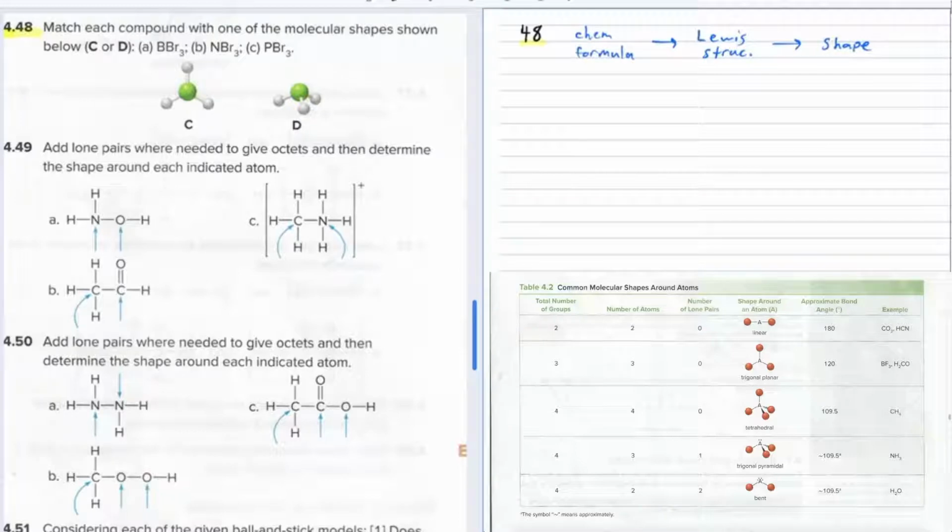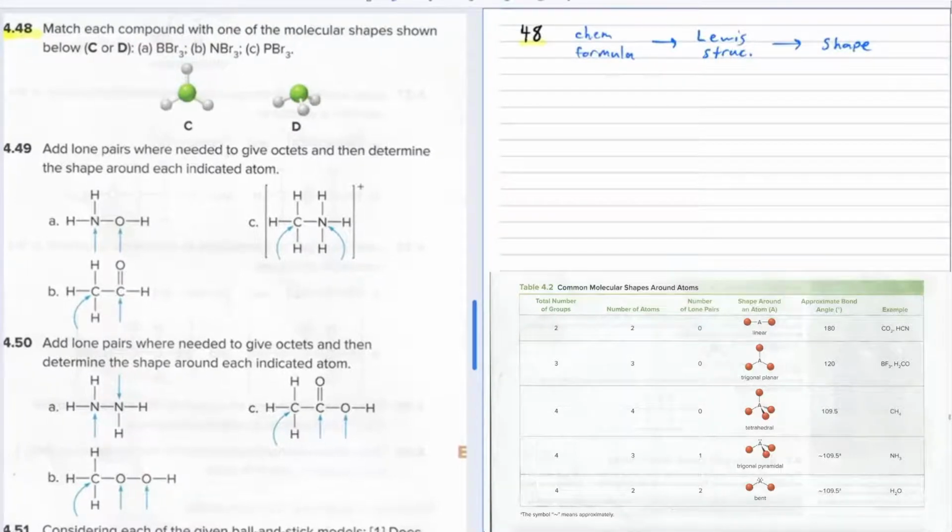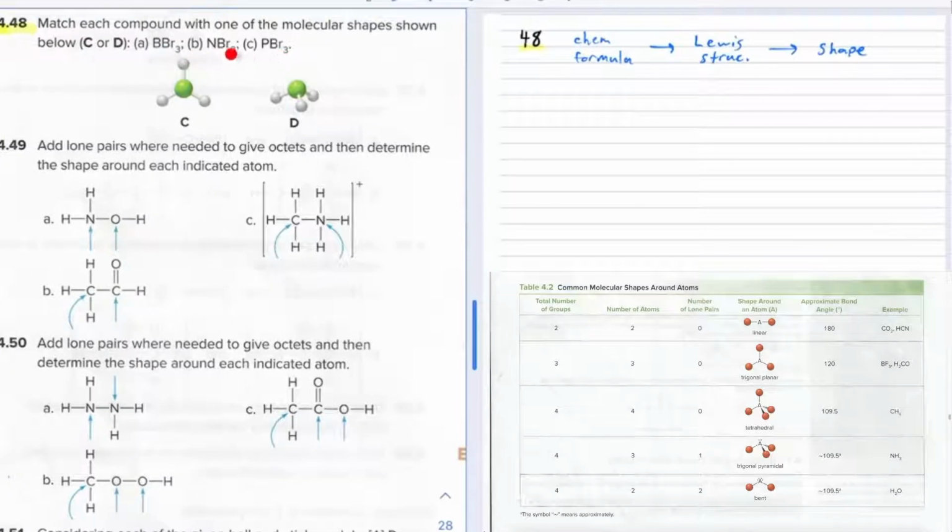Maybe before we get the Lewis structures for each of these, let's just see what these shapes are. Let's just give a name to these shapes. Now, this looks like trigonal planar to me. So you can use table 4.2, trigonal planar.